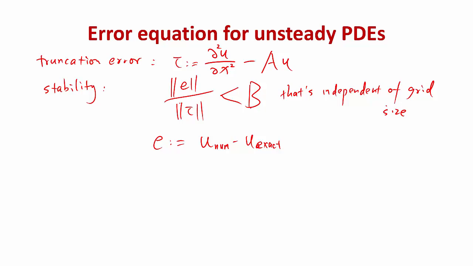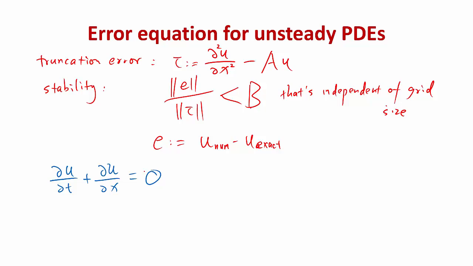Okay, so let's look at what the error equation is. For an unsteady PDE, for example, let's consider the simple advection equation: partial U partial T plus partial U partial X equal to 0. So this is an analytical PDE.